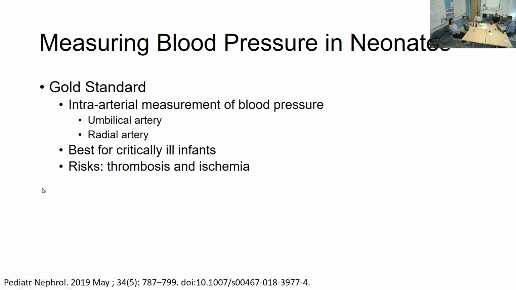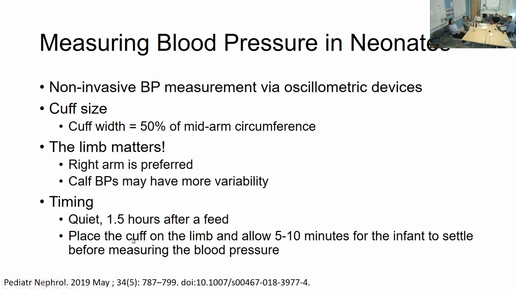Typically used more in the early prems and the more critically ill infants, but of course it has its risks. And so for other patients, the way that you guys mostly do it would be non-invasive blood pressure measurements with oscillometric devices or automated blood pressure measurements.